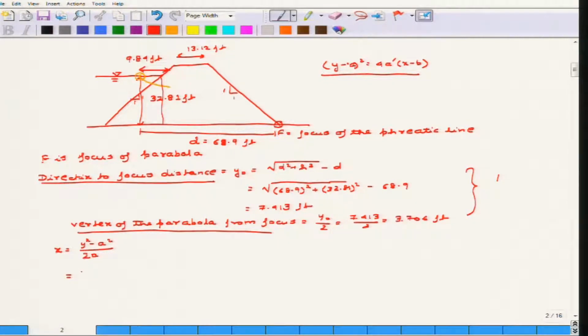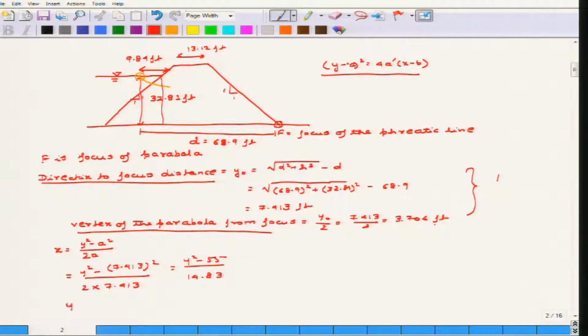So this will be equivalent to y square minus a square, where a is the distance from the focus. So basically it will be 7.413 square by 2 into 7.413. So this is equivalent to y square minus 55 by 14.83.